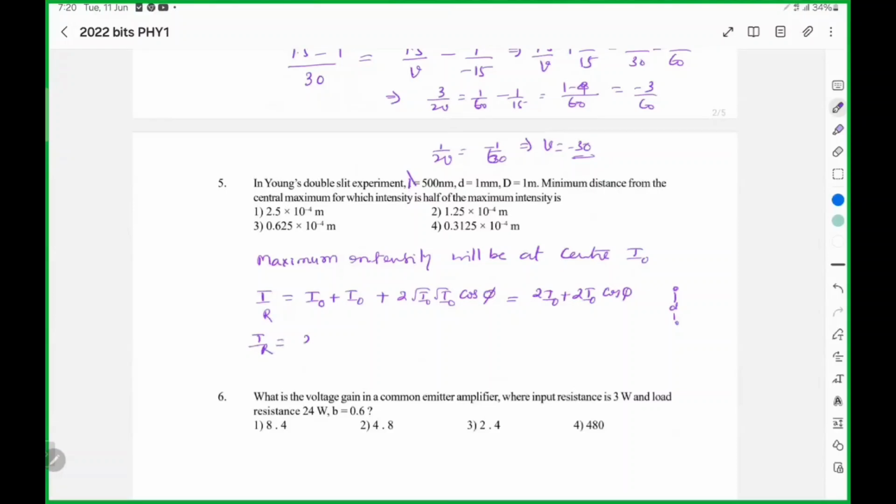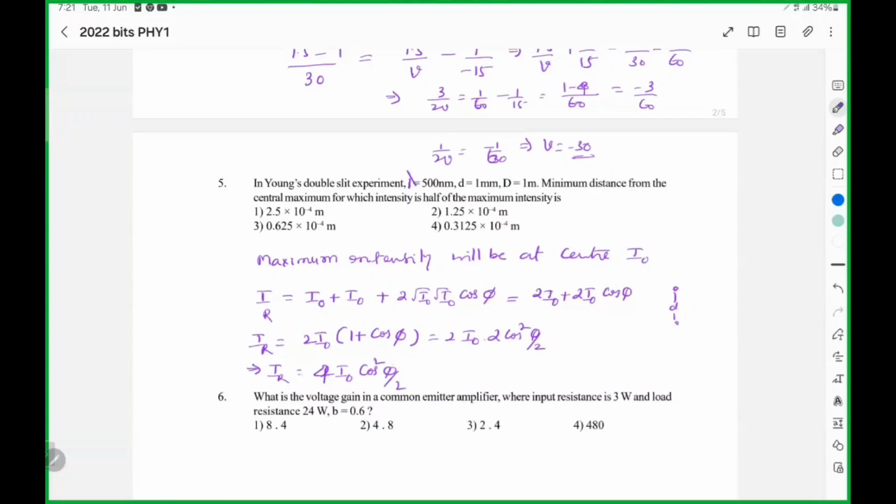I resultant will be 2 I naught into 1 plus cos phi, 2 cos square phi by 2. I resultant will be 4 I naught cos square phi by 2.